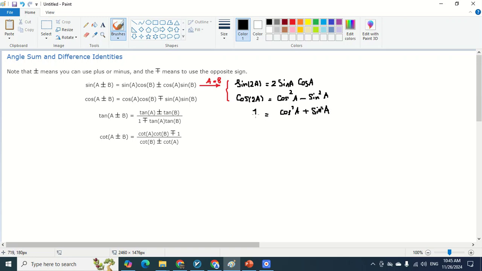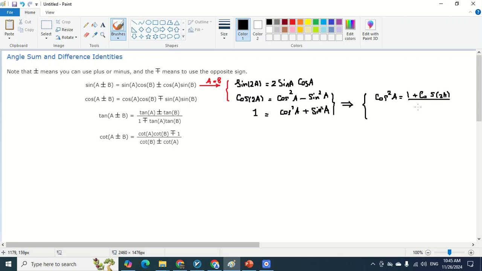If I combine these two relations, then we will reach formulas for breaking the exponent of sine and cosine. If I add these two relations together, we find that cosine square of A is 1 plus cosine of 2A, totally over 2.